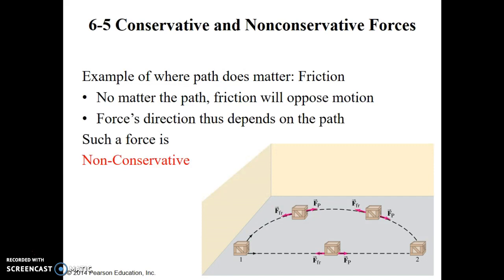But if you take a curved path, then friction is going to point back along that path. You can see in the diagram that the direction of friction changes because friction always opposes motion no matter where you go. So the direction of friction changes based on your path. When this happens, this is called a non-conservative force.